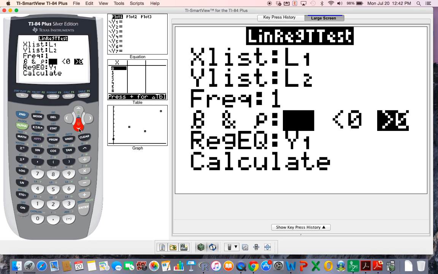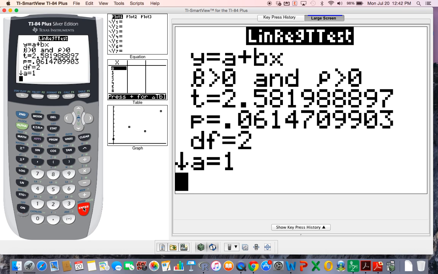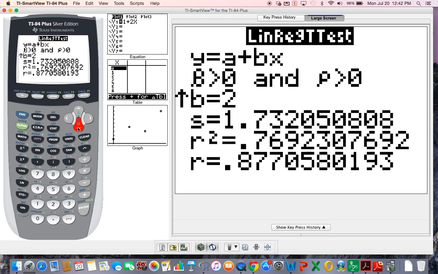Beta and rho doesn't matter at this point. Your Y1 needs to be there. I've shown you twice how to do that, so if you don't have that, you just haven't been watching the videos, so you need to go back and figure that one out. And hit calculate. Now guys, once you hit calculate, a lot of cool things happen. The first thing that happens is we can come down here and get our r and our r squared.